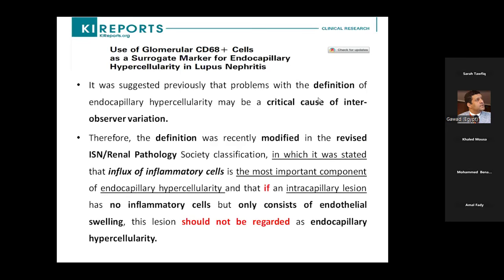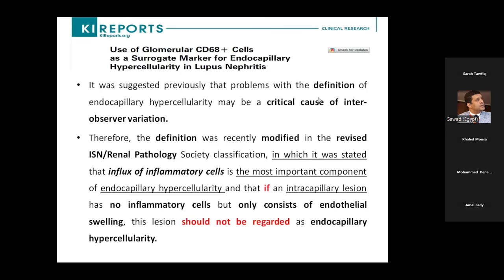Sorry, sir. You said that if an intracapillary lesion has no inflammatory cells, what do you mean exactly by intracapillary lesion?